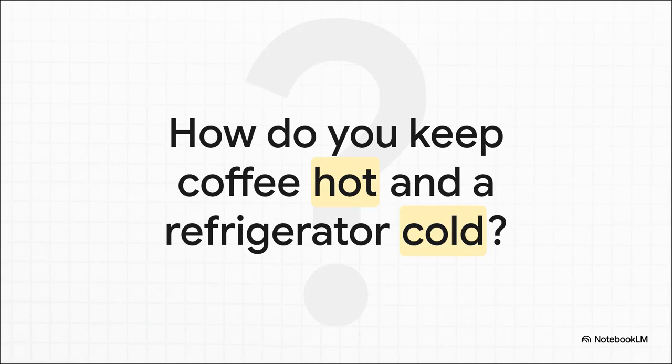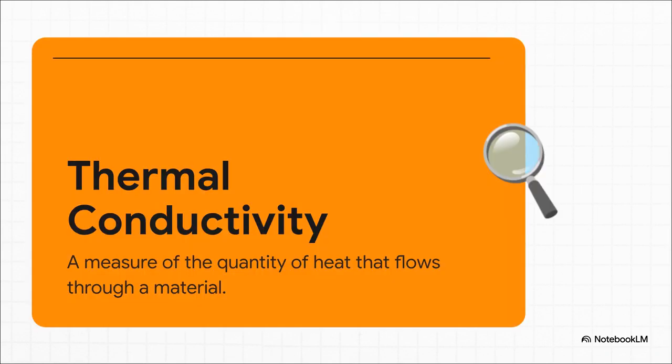All right, so let's shift gears from the challenge of weight to the challenge of temperature. This is a problem we all think about every single day, whether you're grabbing a thermos or just hoping your house stays warm. The goal is always the same: you've got to control the flow of heat. And the property that's in charge of all this is called thermal conductivity. It's basically just a measure of how quickly a material lets heat pass right through it.